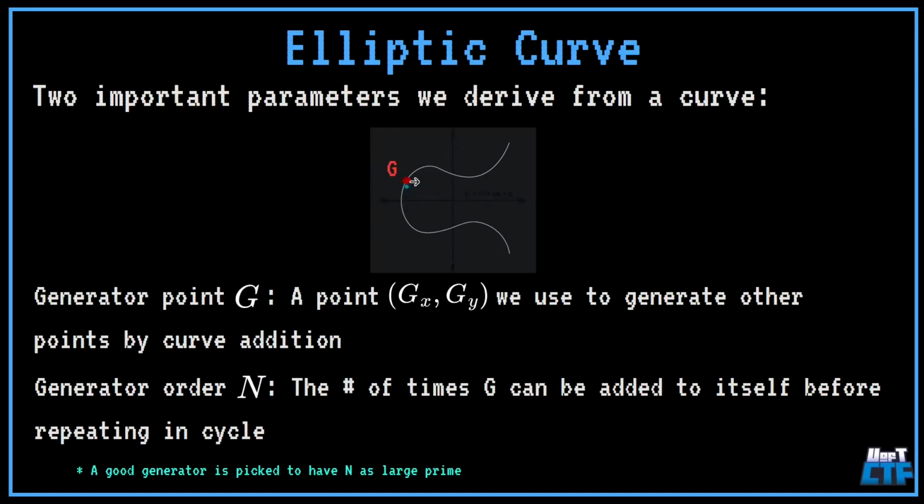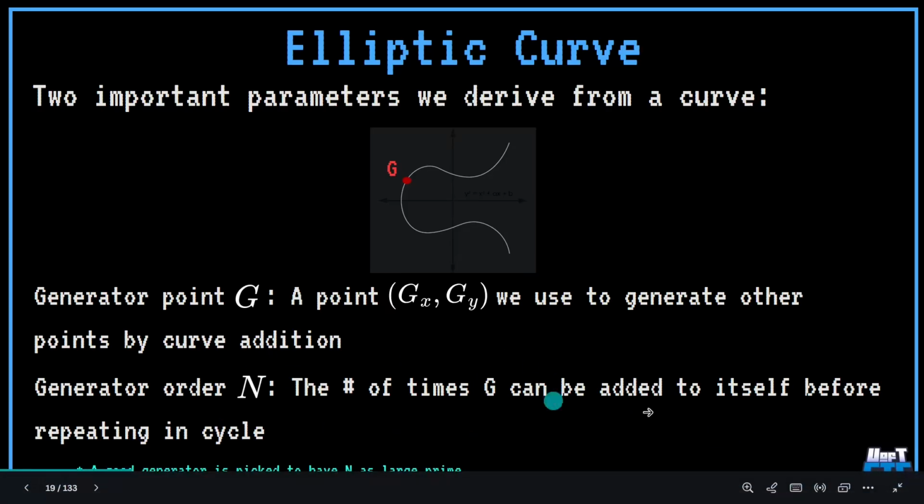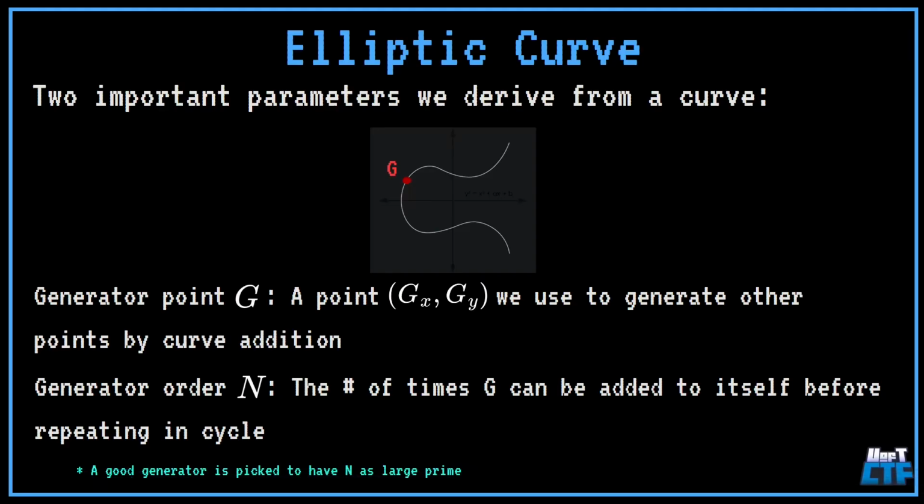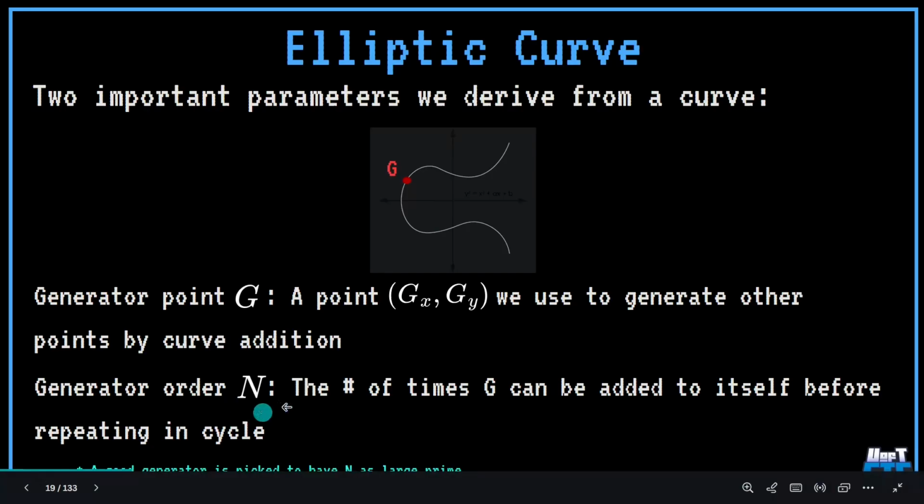You can pick any of these points, but it has to have the property that the number of times it can be added to itself before repeating in a cycle, before returning to the original point, should be a prime number. The max cycle should be a very big prime number.